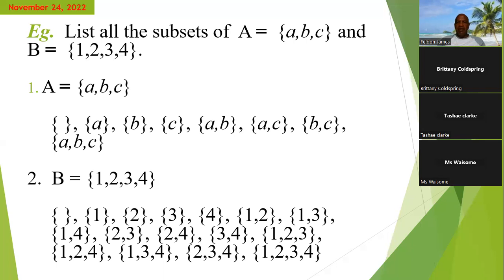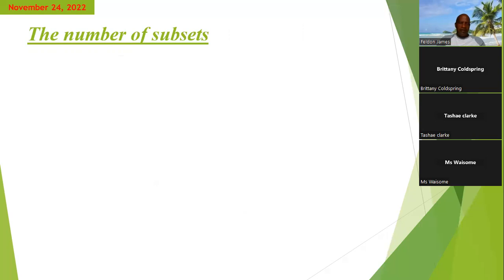Is there any formula or law you could come up with that would determine the number of subsets based on how many members you have? I'm just giving you a chance to brainstorm that idea. Anybody come up with anything?